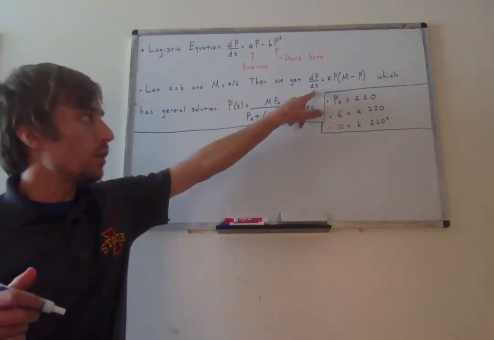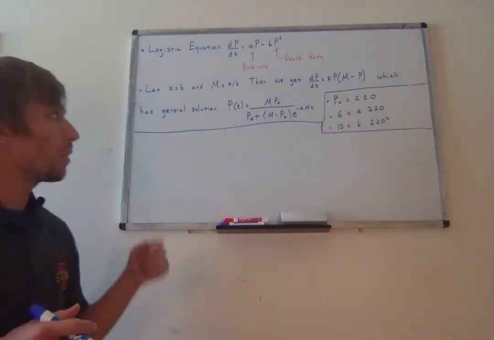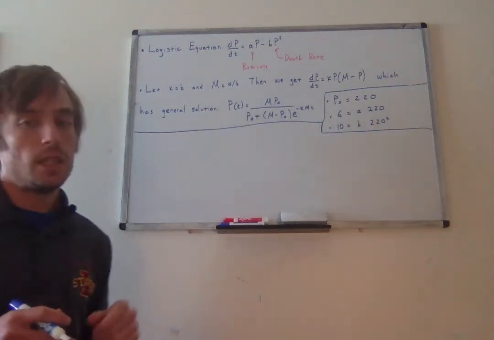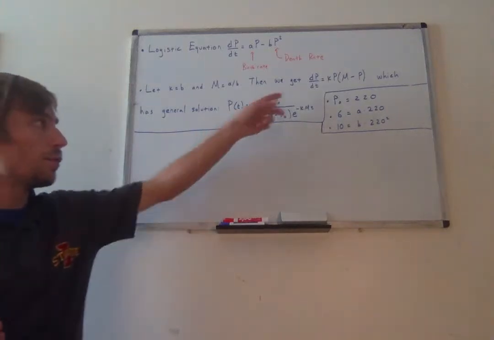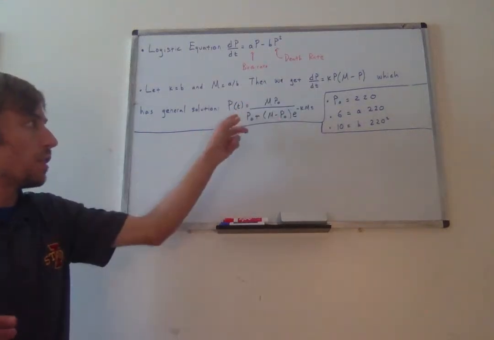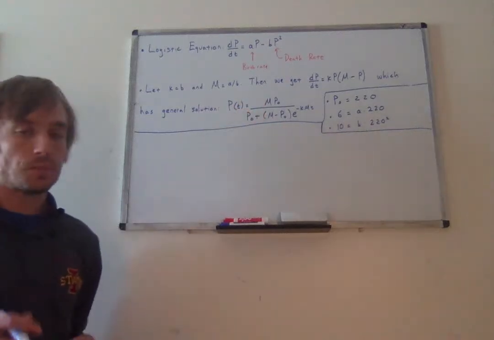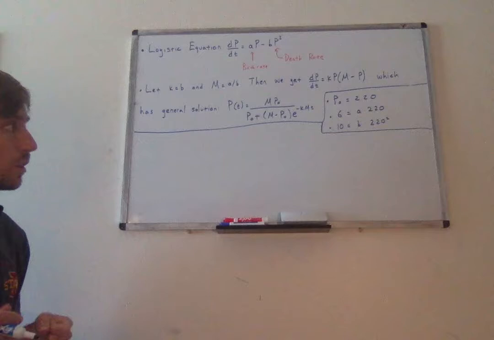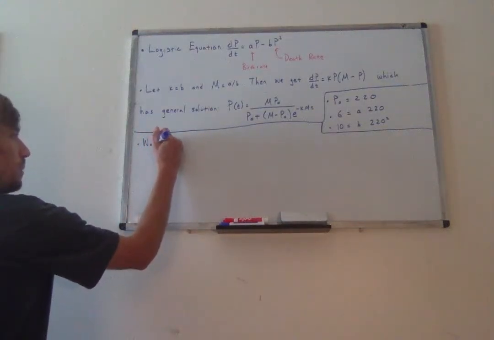This should look more familiar, because for this model for population growth, we already know the solution to this differential equation. If we solve it, we get this model for the population at time t in terms of all of these variables.